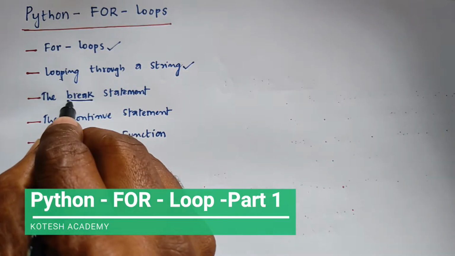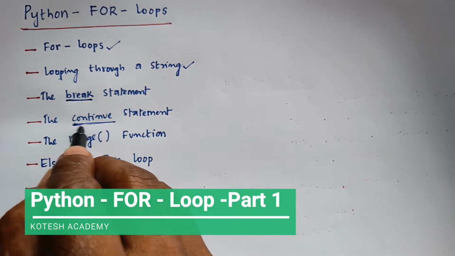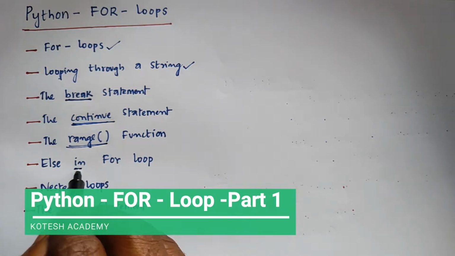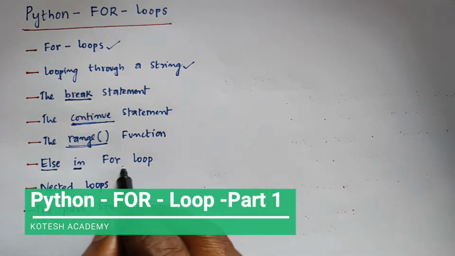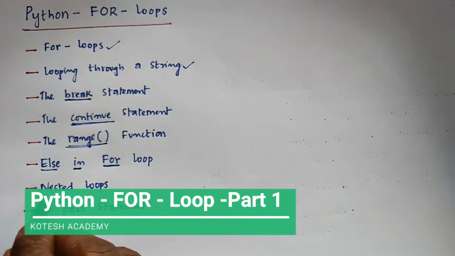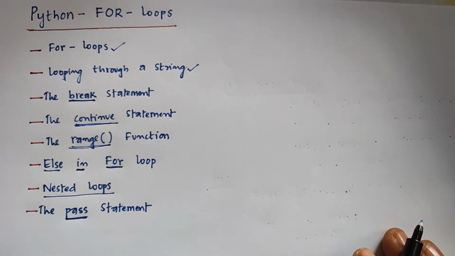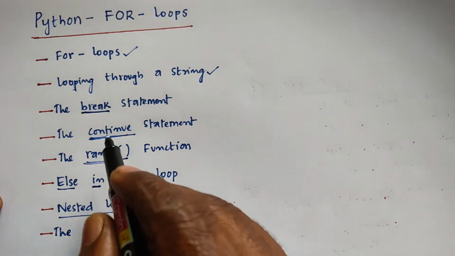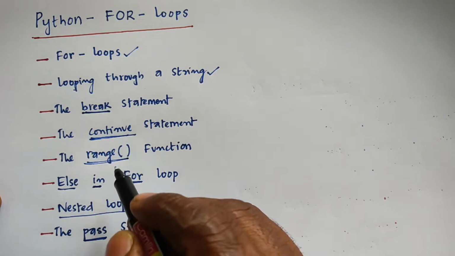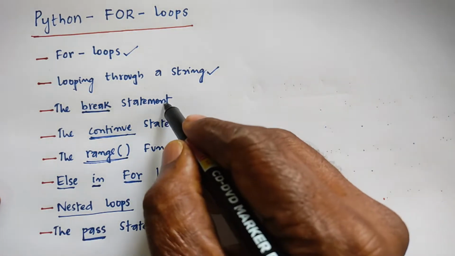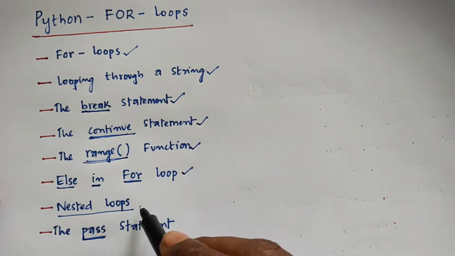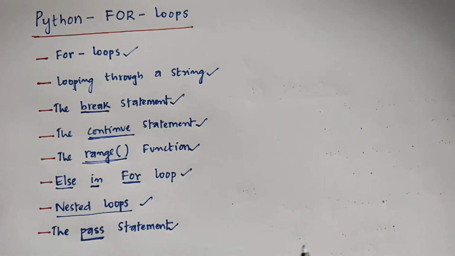The third is the break statement, continue statement, range function, and else in for loop, nested loops, and the pass statement. Like that we are going to describe them: break statement, continue statement, range statement, else in for loop, nested loop, pass statement.